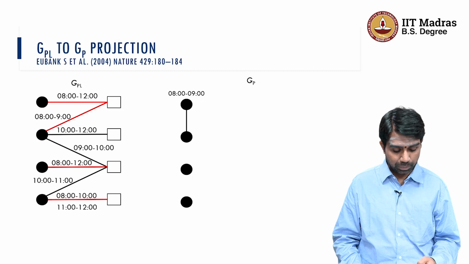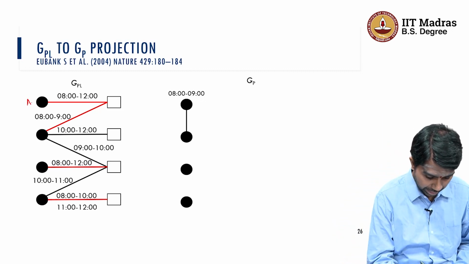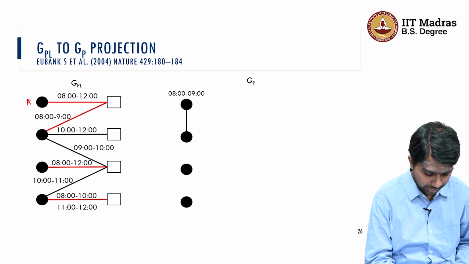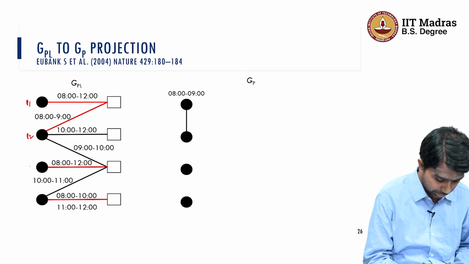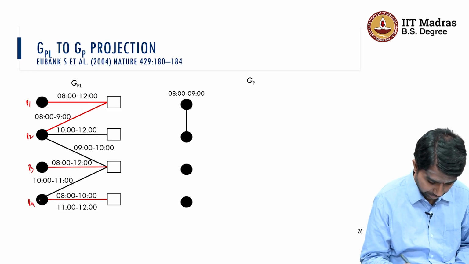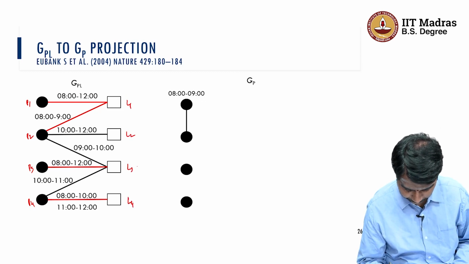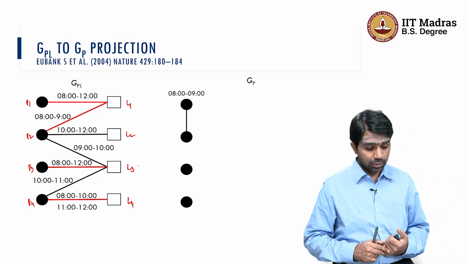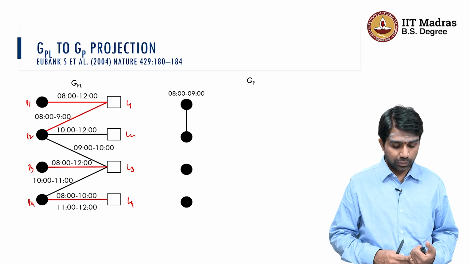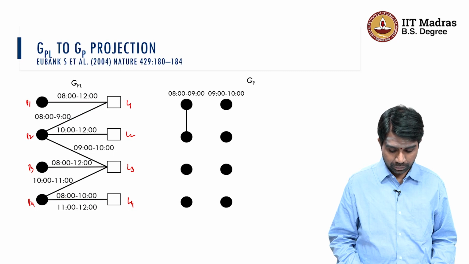So these two people are interacting in location 1, let us say A and B, or let us just call them P1, P2 might be better, P1, P2, P3, P4, L1, L2, L3, L4. So P1 and P2 overlap at L1 from 8 to 9. Between 9 and 10, what are the overlaps?